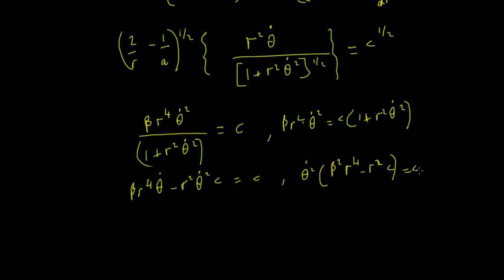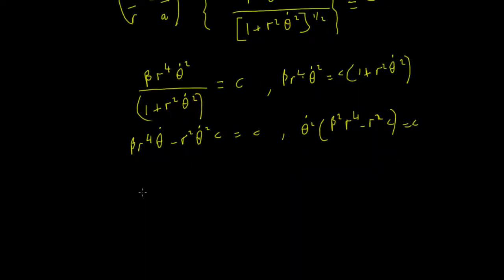Okay, so finally, we're almost there, we'll end up with our theta dot squared equals c upon beta squared r to the 4 minus r squared c.